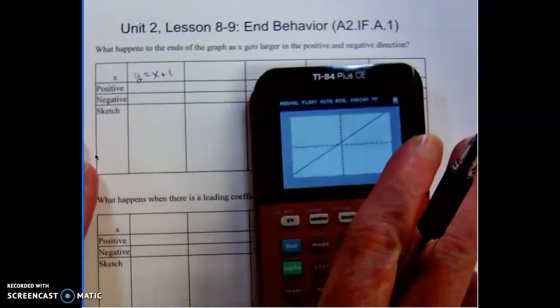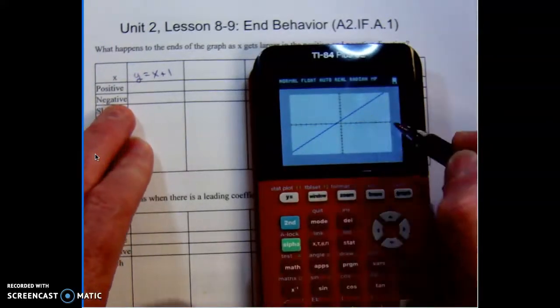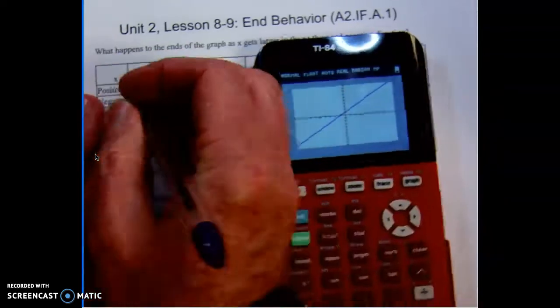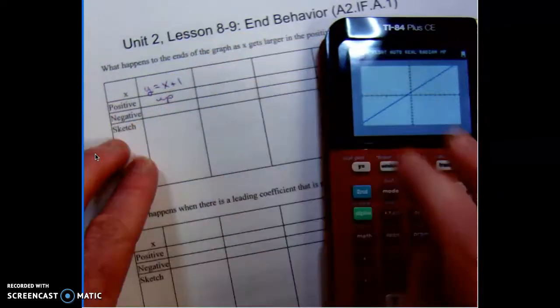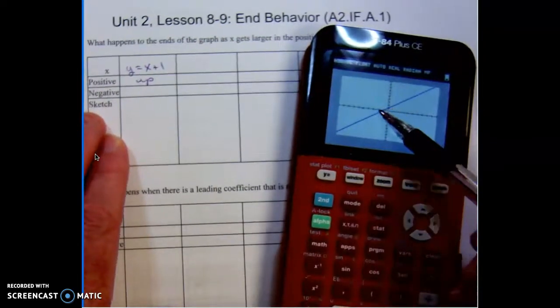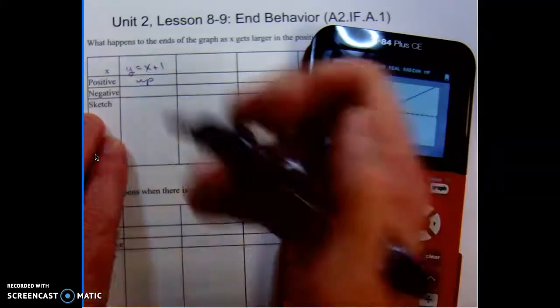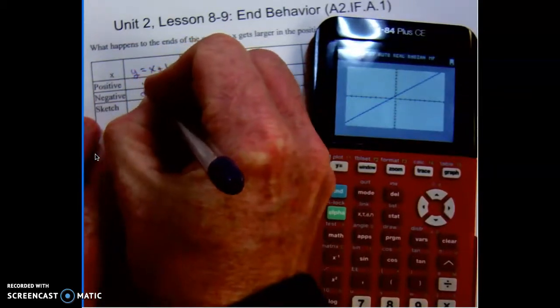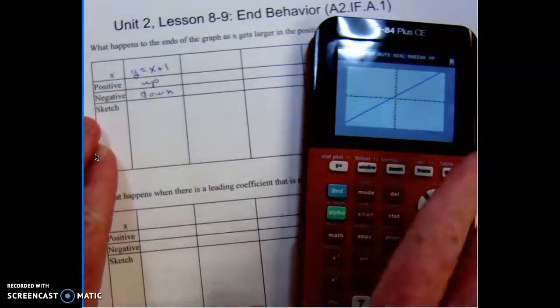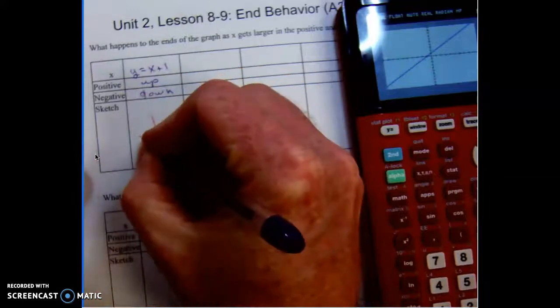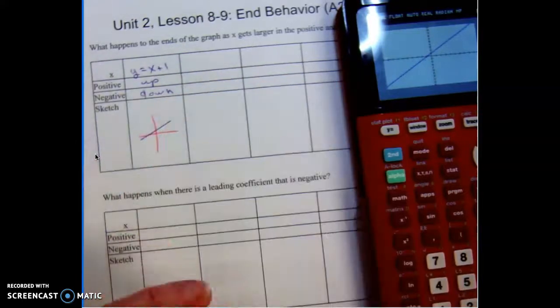Okay? So as we go to the positive side, as x gets positive, it's going to go up. As we go to the negative side, as x gets smaller, this graph is going to go down. And if we draw a quick sketch, here's our axis, it's going to look something like that.